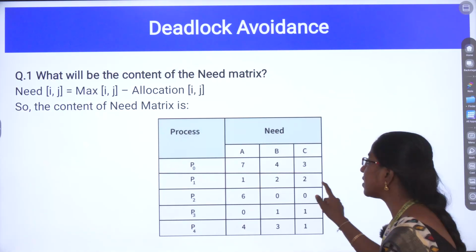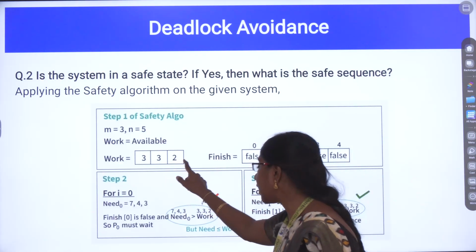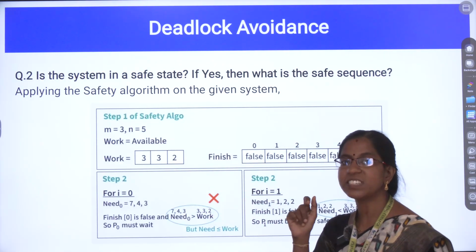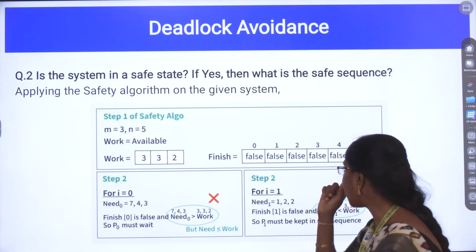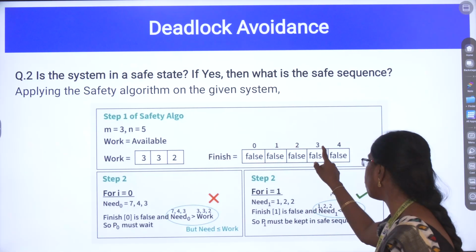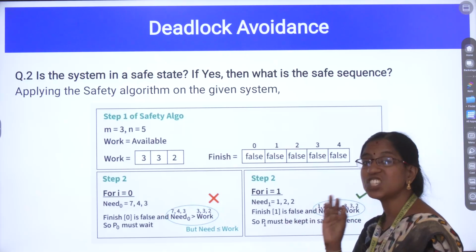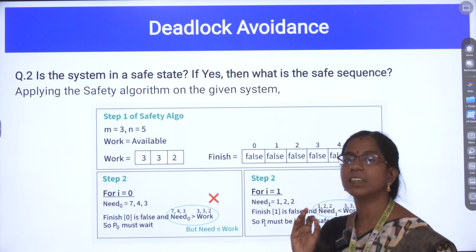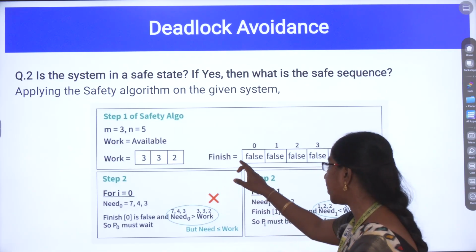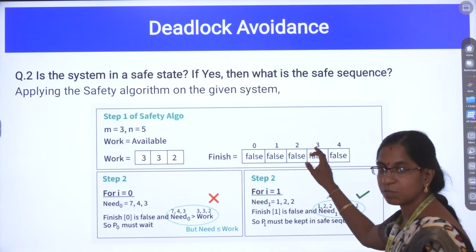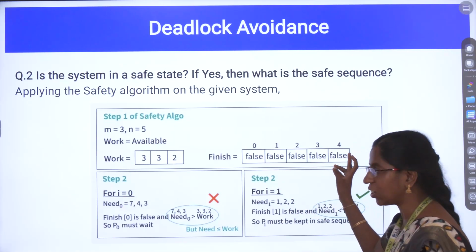We also initialize finish, which has 5 entries for P0, P1, P2, P3, P4. Initially all are declared as false.